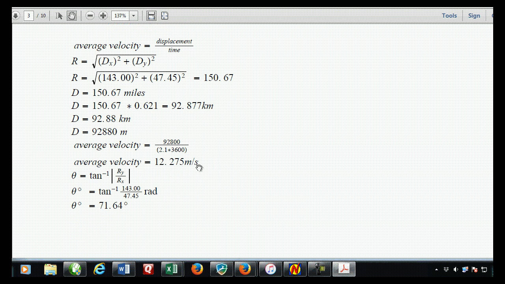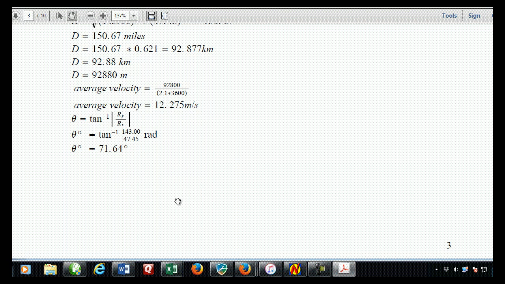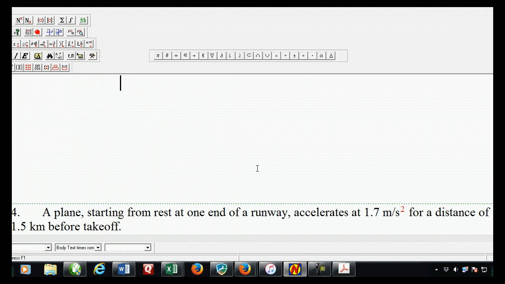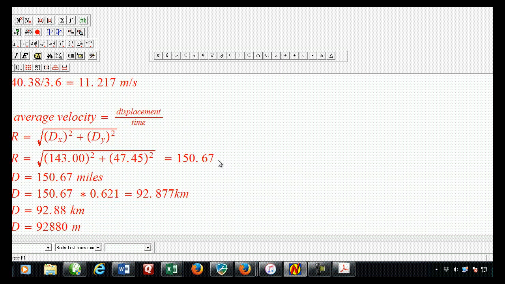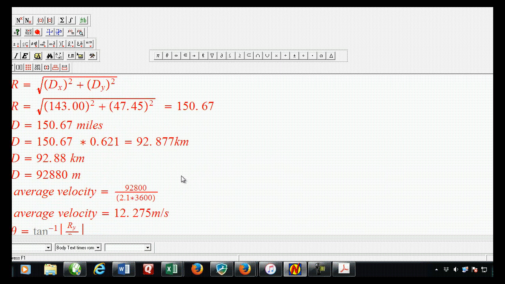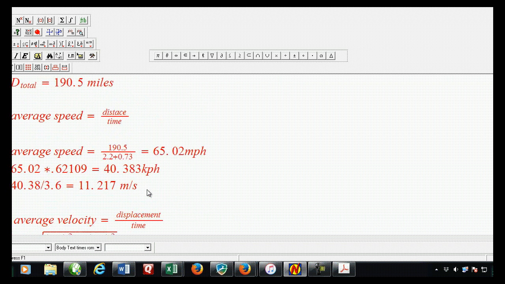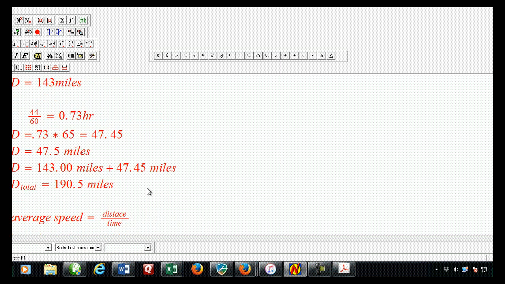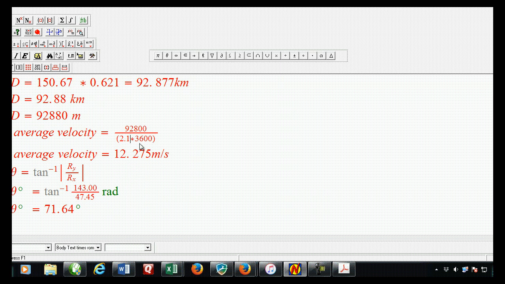Come back down here. We know that's the magnitude. Here comes the angle, which is Ry divided by Rx, 143 divided by 47.5. The angle is 71.64 degrees. I'm going to do one quick check over here to confirm that number. Let's multiply this right here by 2.93.